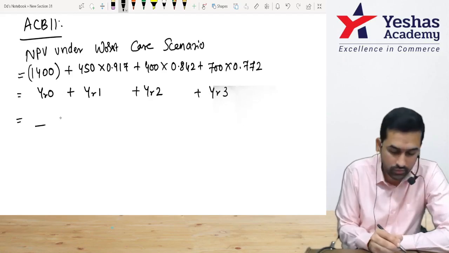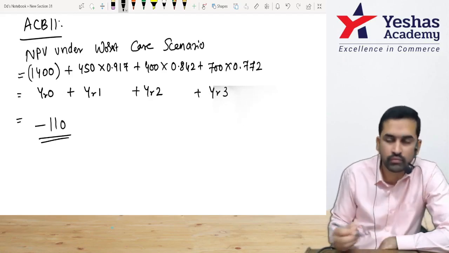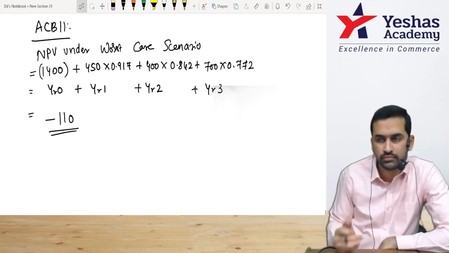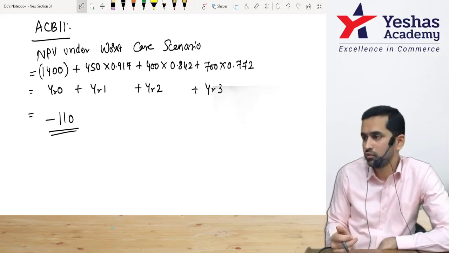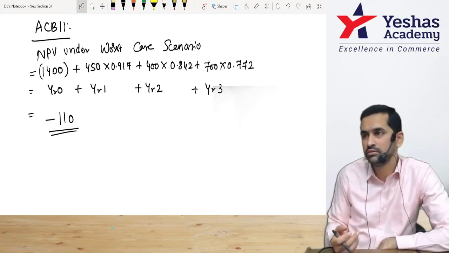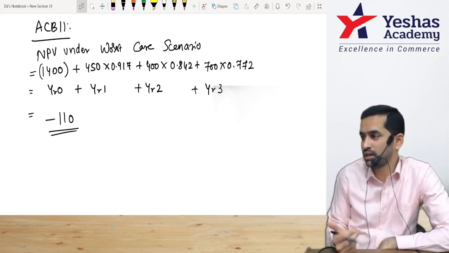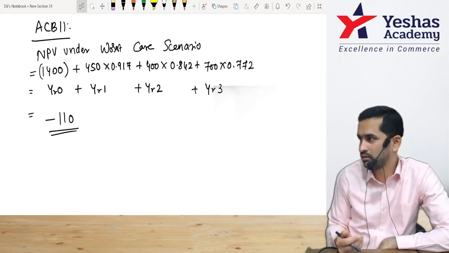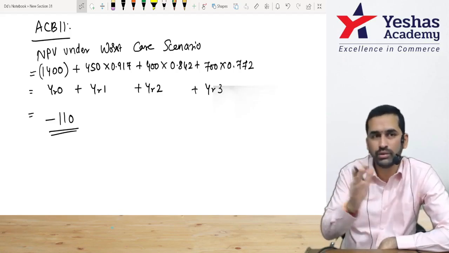Minus 110. We are working out worst case scenario, so you shouldn't worry if you get a negative answer. In worst case also you're expecting positive NPV, then don't call it worst case scenario. Correct, it has to be negative, or at least it should be lowest out of 3.